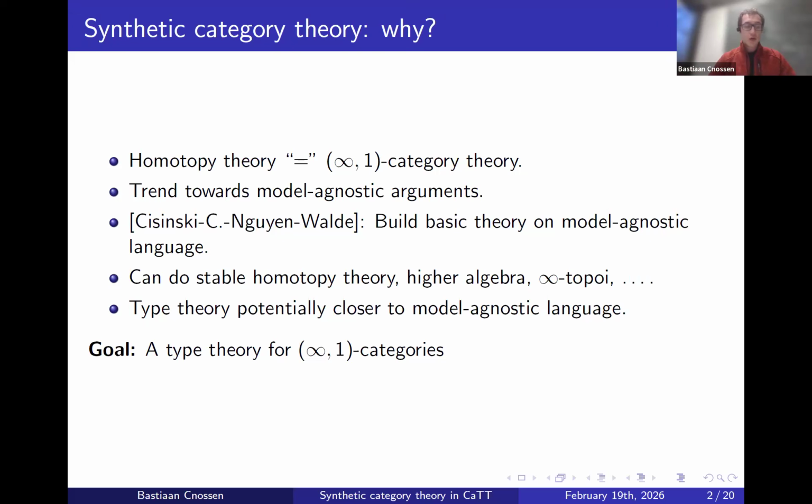And originally, people studied specific models, they worked with quasi-categories and so on. And in recent years, there's a trend that researchers start to write things on a higher level where you are just directly using the language of infinity one categories, and the arguments don't really depend on which precise model you choose.